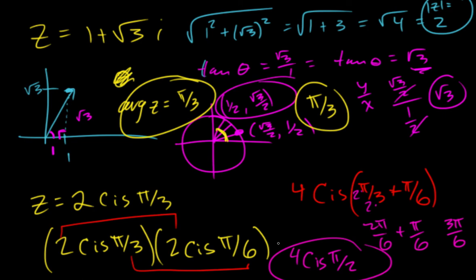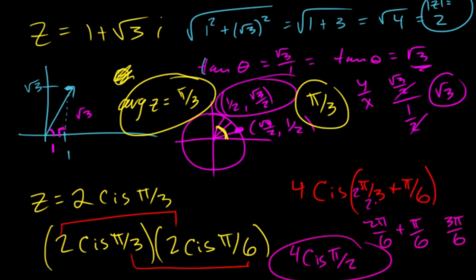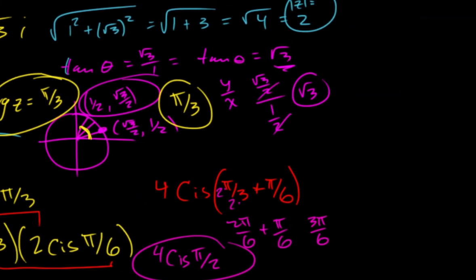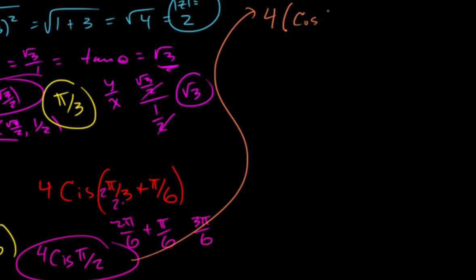Okay, and then we want to take that, whoops, don't have any room, and we want to expand it. Maybe I can go this way. Okay, so I'm going to expand this. I'm going to say 4 times cosine pi halves plus i sine pi halves.